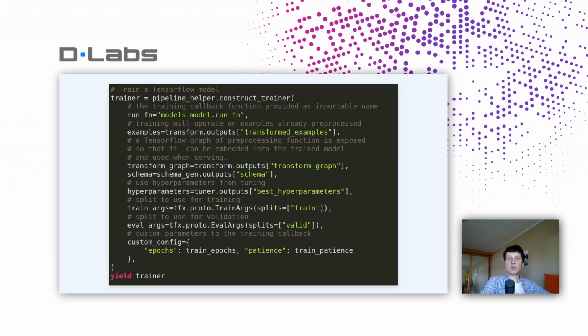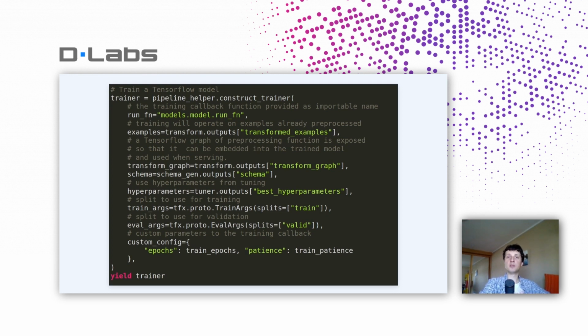To construct a trainer, we are using our pipeline helper and we are calling construct trainer method. This is going to select the appropriate version of the trainer component, either the GCP optimized one or the standard trainer, depending on which type of pipeline environment we are running in. Then we need to provide the callback for training, the run function, again as an importable name.